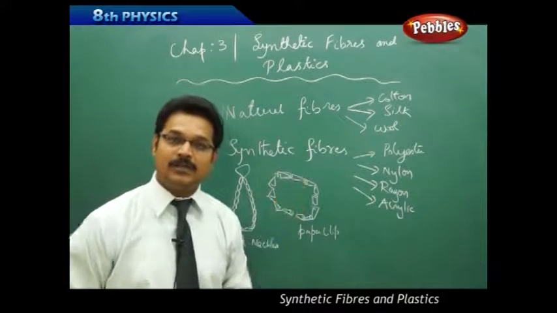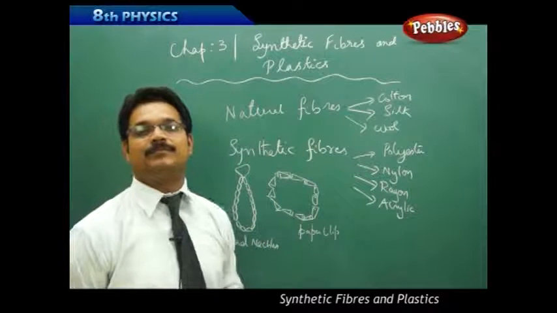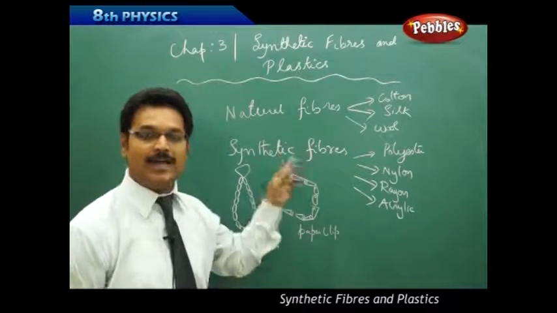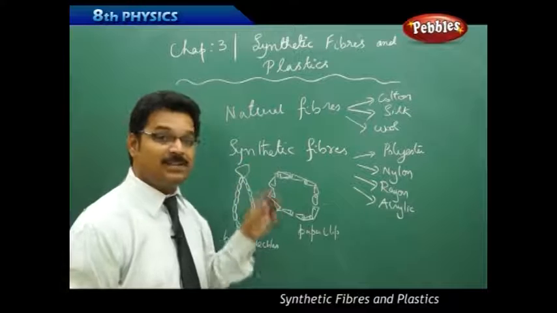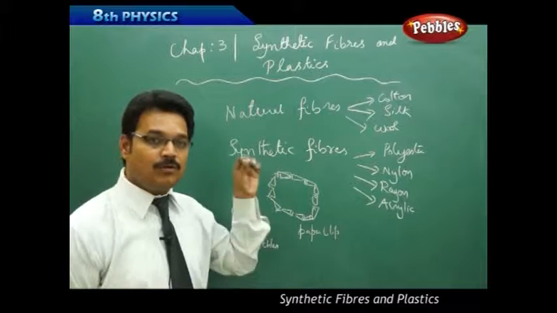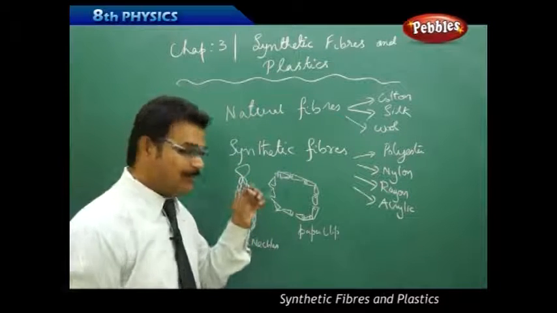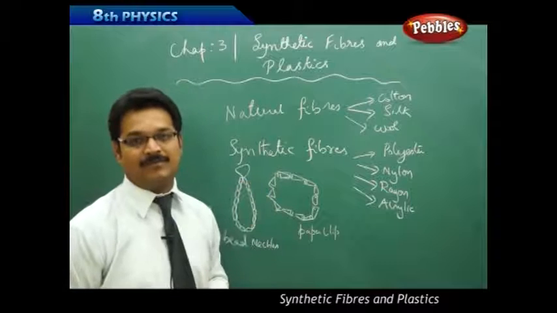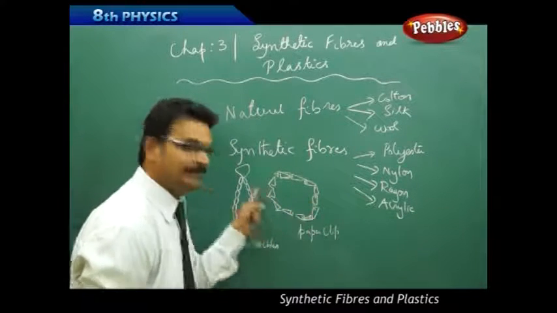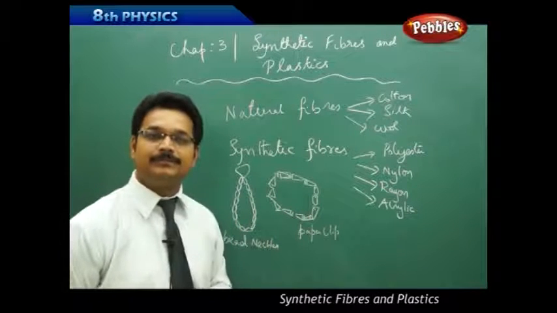Synthetic fibers come from the products of petroleum. I told you earlier, they are not coming from plants or animals. They are coming from the products of petroleum. So, in those products of petroleum, the small chemical elements form units, and they are repeated in a regular fashion and create structures like this.